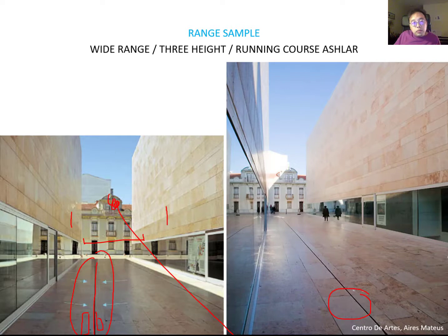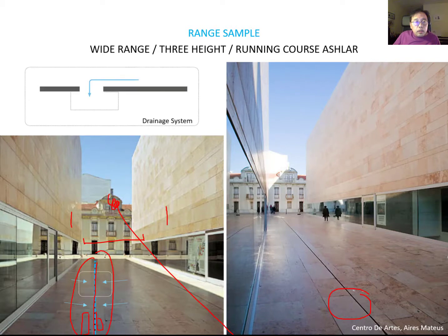In this project, for the water drainage system, usually you see a drainage grill over the top. But the architect doesn't want to expose this grill because they want a more monolithic-looking space using the stone. For this reason, they made this system.